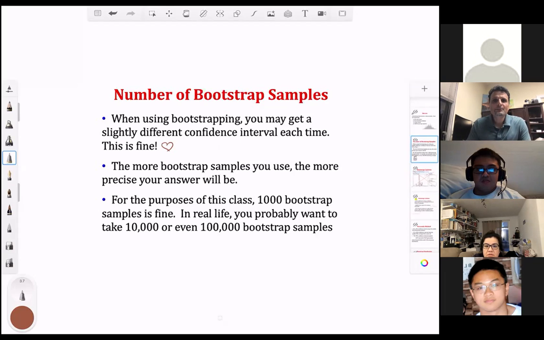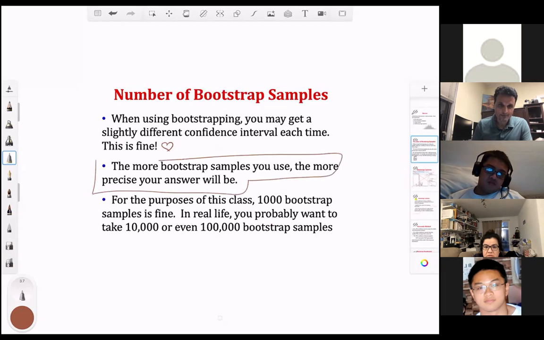The more bootstrap samples you use, the more precise your answer will be, which should make sense. More samples, better answer. For the purpose of this class, 1,000 bootstrap samples is fine. In real life, you probably want to take 10,000 or even 100,000 bootstrap samples.